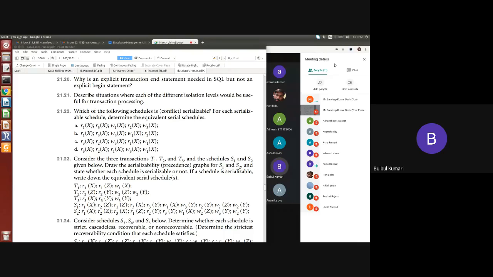You only have to tell the answer, C and D. This is also not serializable and D is also not serializable. Sir, I think B and C are serializable, and A and D are non-serializable.